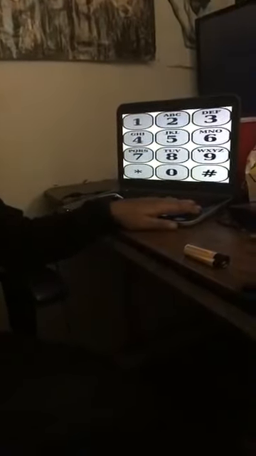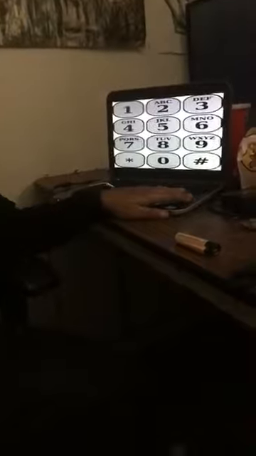Our ruler systems are based off of 6s. The highest inch you can get on a common ruler is 12 inches. Our keypads on our phones, 12 pads. 6 plus 6, 12. Okay.